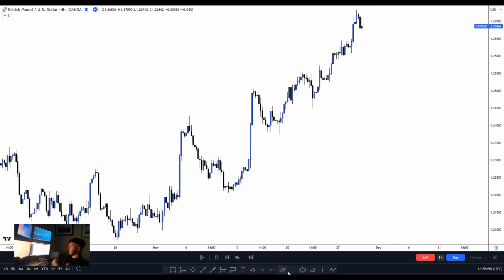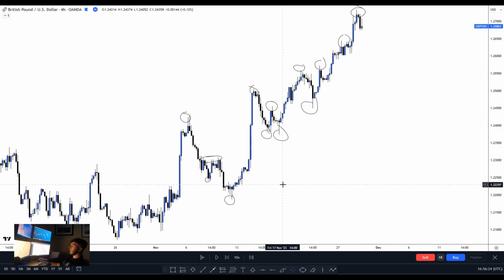Someone else may say, I am more interested in working with what's in between as well, so I've got a high here, a low there, high, low, high, low. Overall, as long as the highs and lows are getting higher, then you are looking at an uptrend.